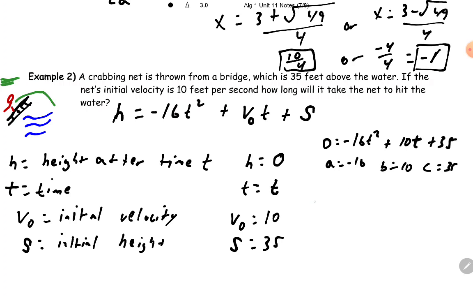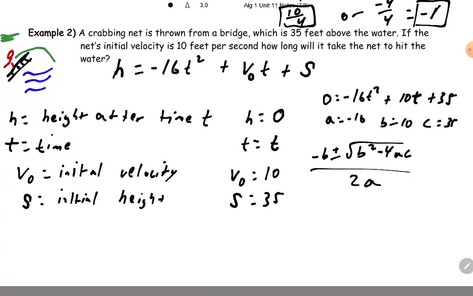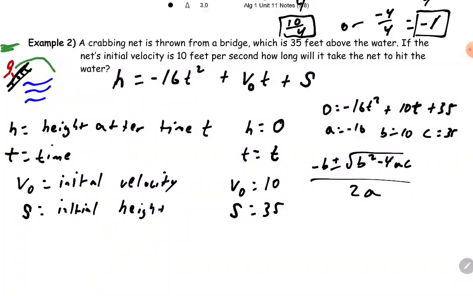Once again, negative b plus or minus the square root of b squared minus 4ac all over 2a. Plugging in our a, b, and c values, I'm going to get negative 10 plus or minus the square root of 10 squared minus 4 times negative 16 times negative 35.